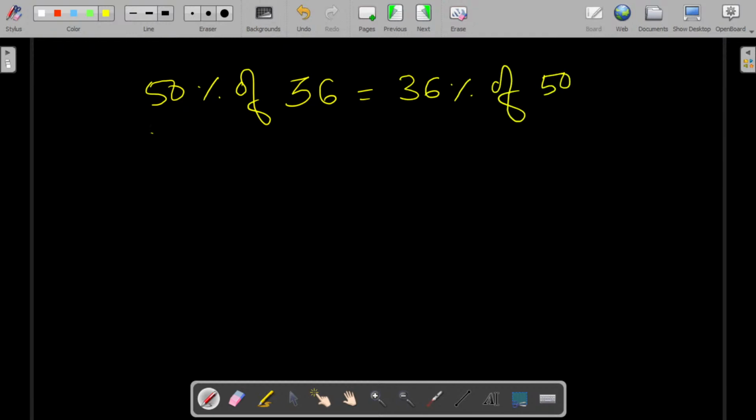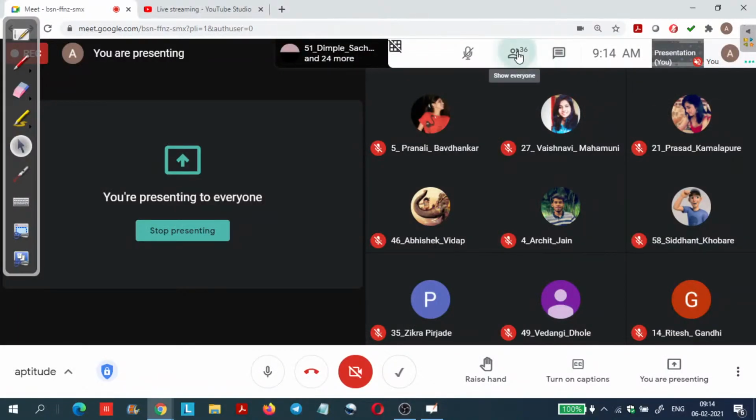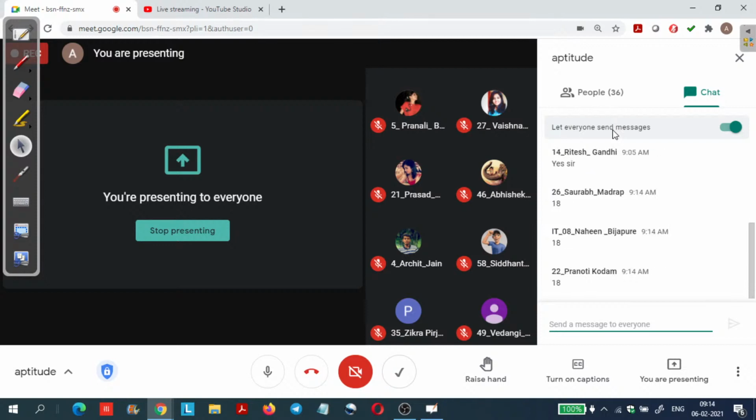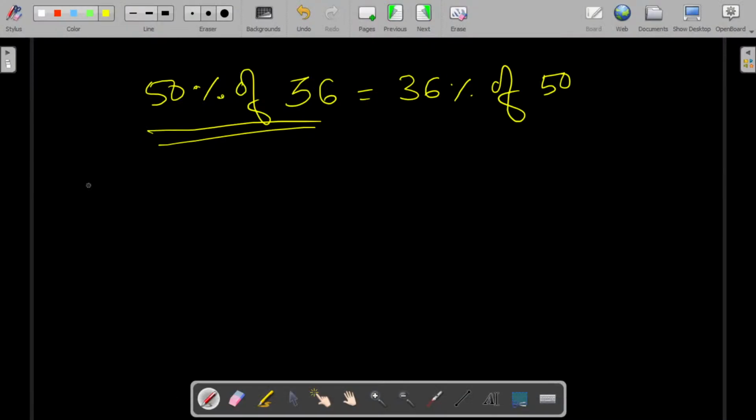50. Can anyone tell what is the 50 percentage of 36? Can anyone calculate and put the answer in the chat box? Yes, 18. Good. So 50 percentage of 36 is 18.